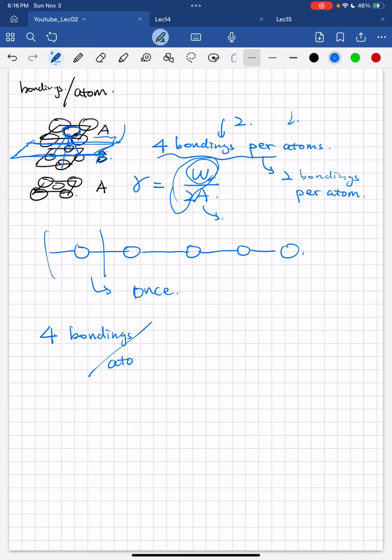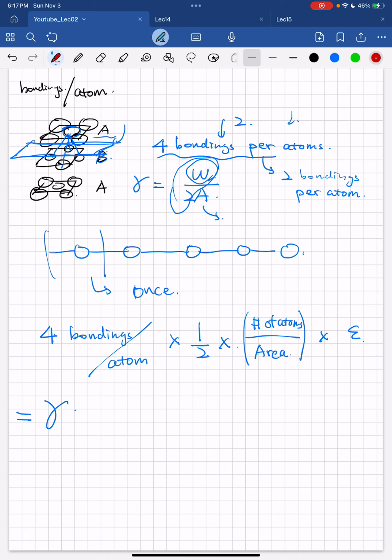So same concept here. Then it's 4 bondings per atom, divided by 2, times the number of atoms per area, times the energy of 1 single bonding. This will be gamma, the surface energy.